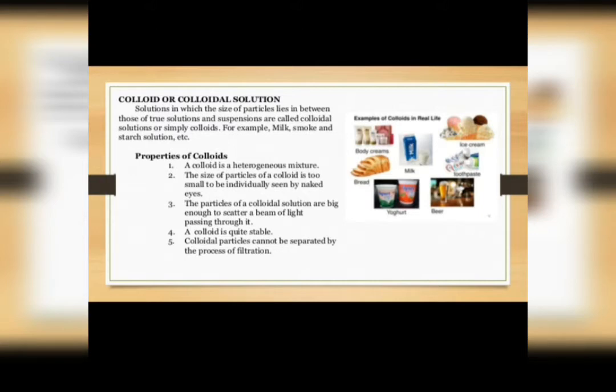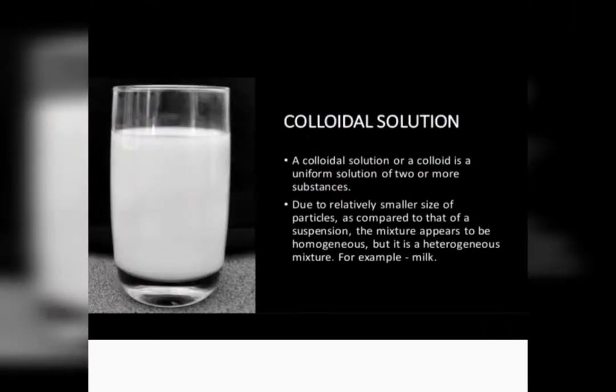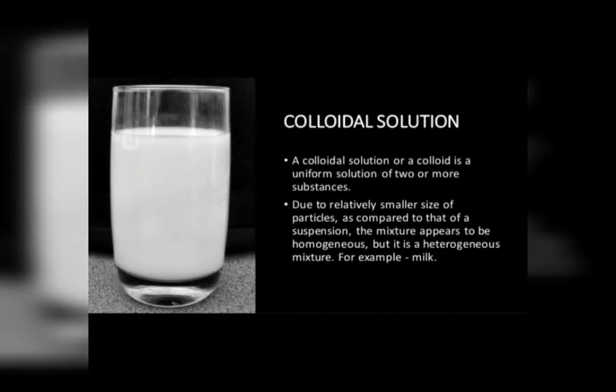So a colloid cannot be separated by filtration, because the particles are small, less than the size of the suspension particles, and easily pass through the filter paper. We cannot separate colloids by filtration.